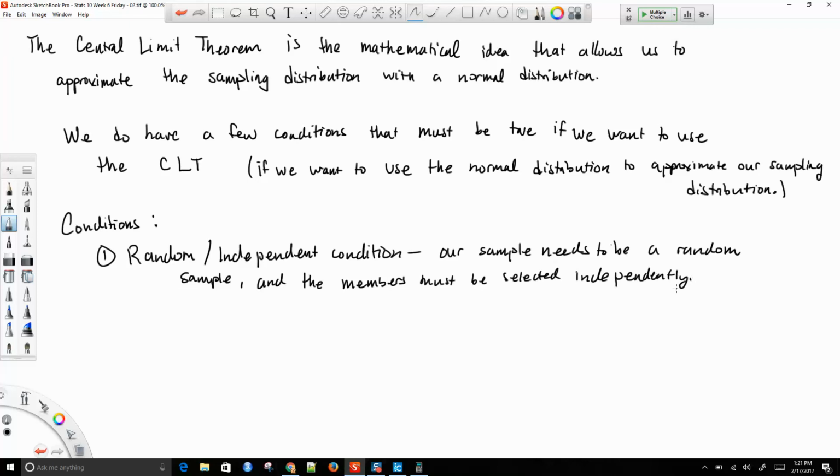Okay, so if you see in the text of the problem that it says, we selected a random sample, this condition is met. But if you decided to do your own survey or study, and you want to get opinions from the student body, you go to some organization and just start asking people, how do you feel about blah blah blah, okay?